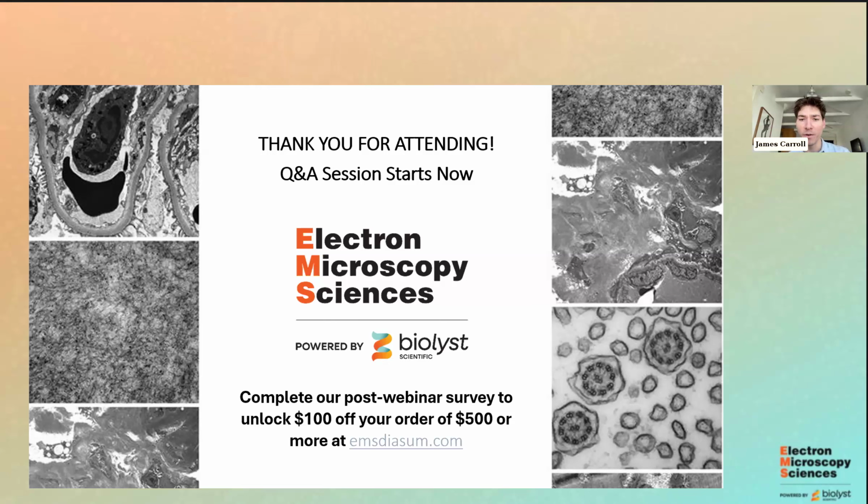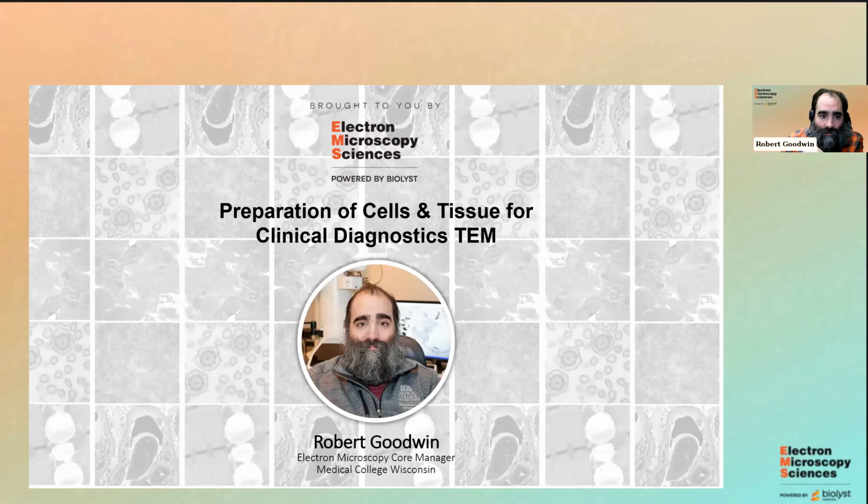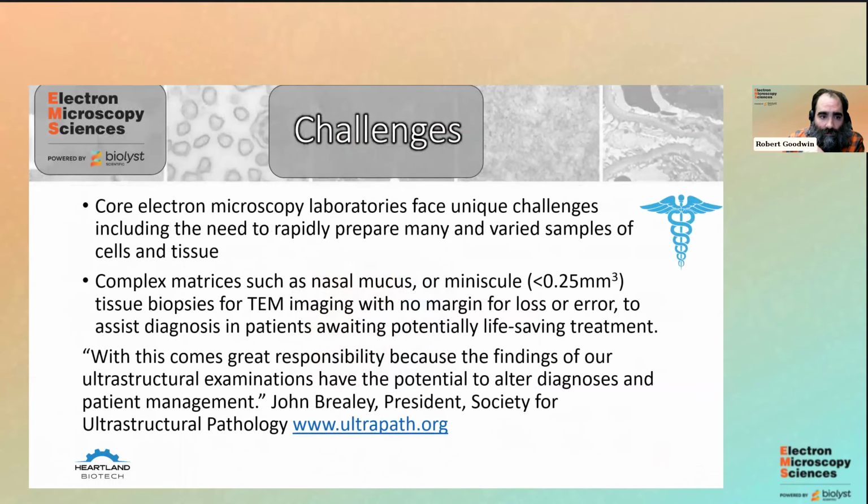We have our first question, which is about the waste management. How is the waste managed, especially with regards to osmium? All the waste is separately deposited into its own receptacles.